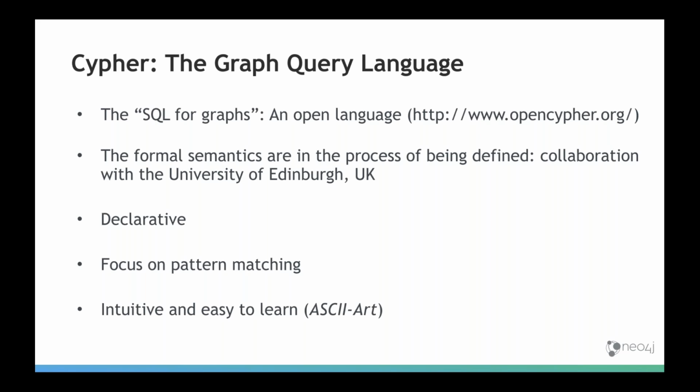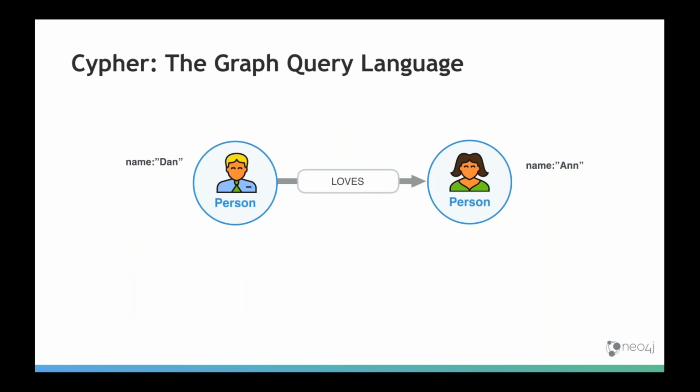The formal semantics are being defined in collaboration with the University of Edinburgh. And Cypher was specifically designed to be very visual and intuitive. And it's declarative, meaning that you express what you want to achieve rather than how to achieve it. So back to Dan and Anne again.